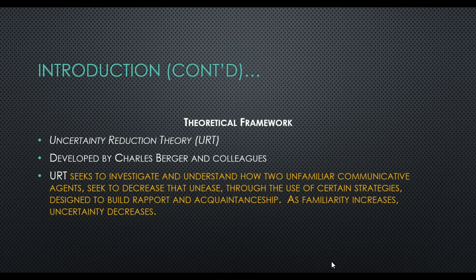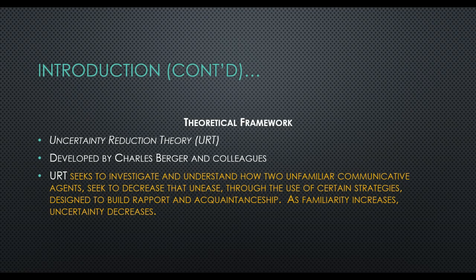So, again, in brief summary, as two communicative agents encounter one another, a certain level of uncertainty is not only inevitable, but is also useful because it does promote caution.